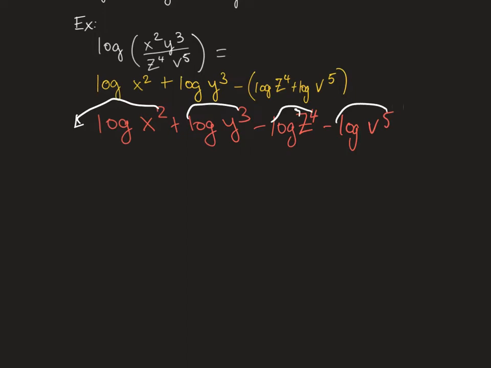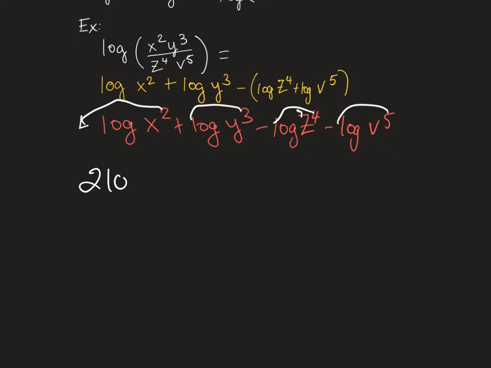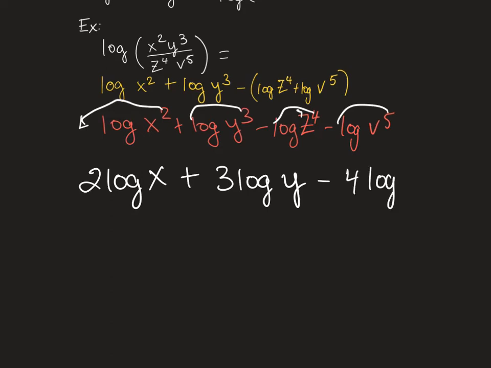So you're going to get 2 log of x plus 3 log of y minus 4 log of z minus 5 log of v. And that's pretty much you finish the problem.